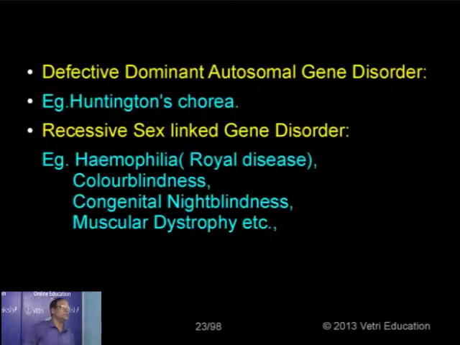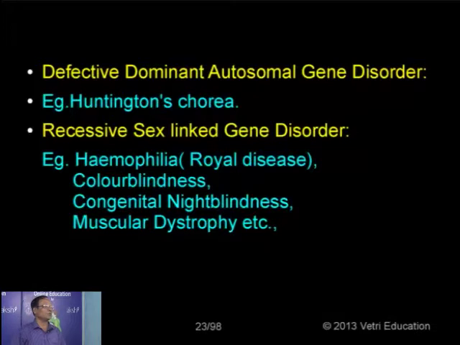If there is any change in these genes, they can cause disorder. Some genes are dominant, some are recessive. Disorders caused by recessive genes are called autosomal recessive gene disorders.